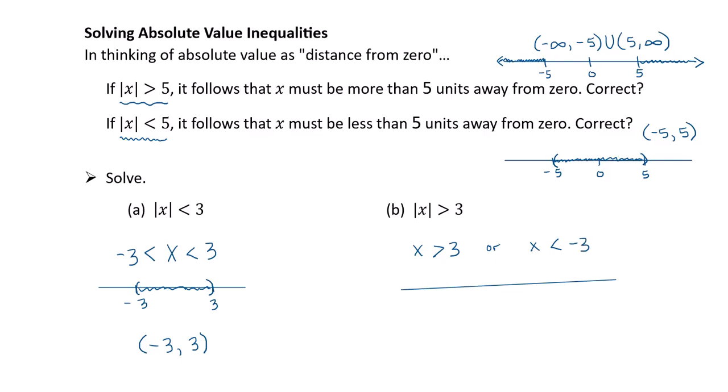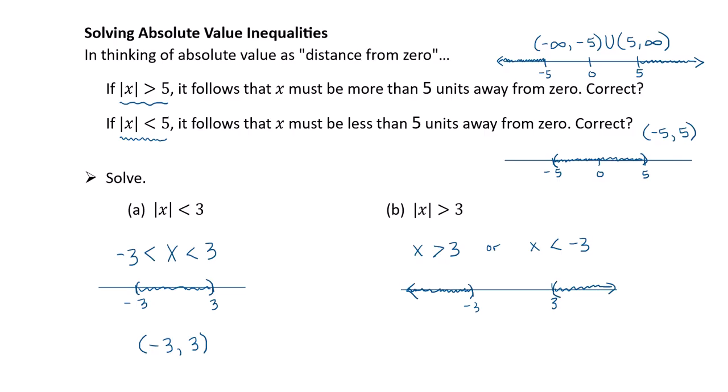On the number line, we're thinking of this as x being greater than 3, or to the right of 3, or x being less than -3, or to the left of -3, and we don't include the boundaries.